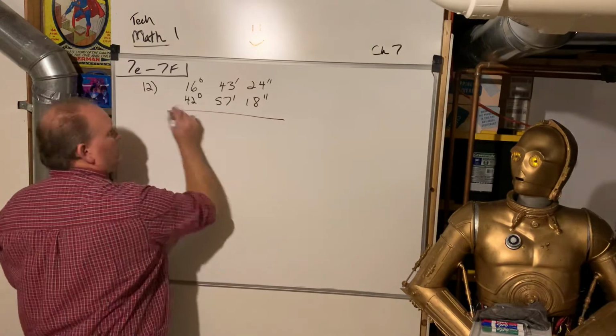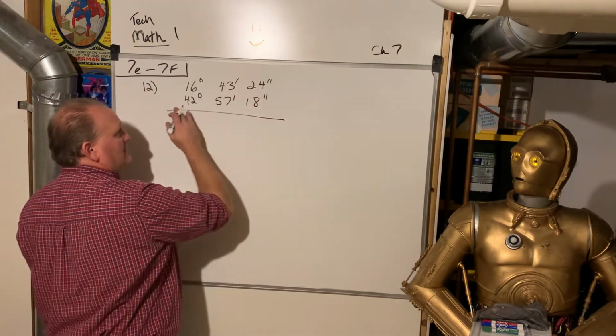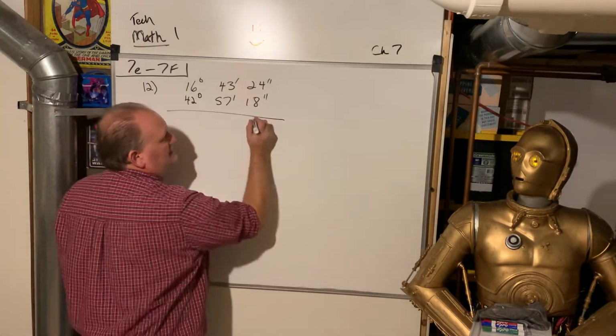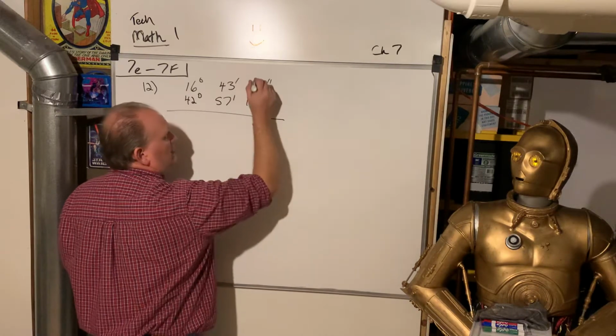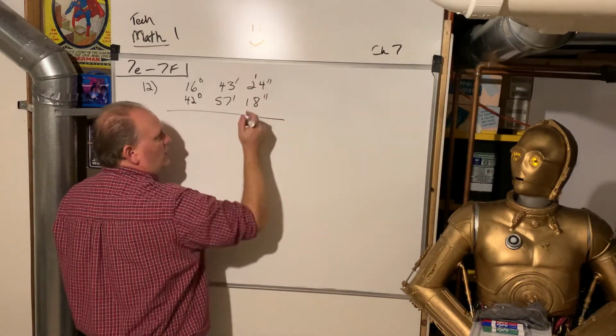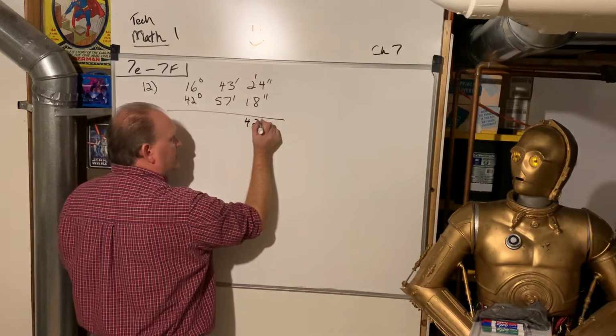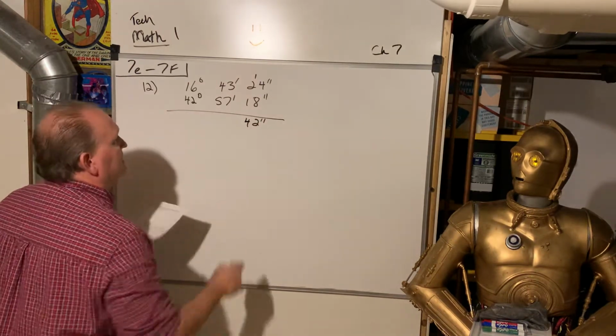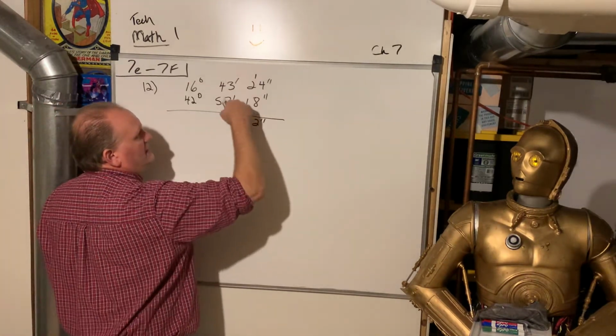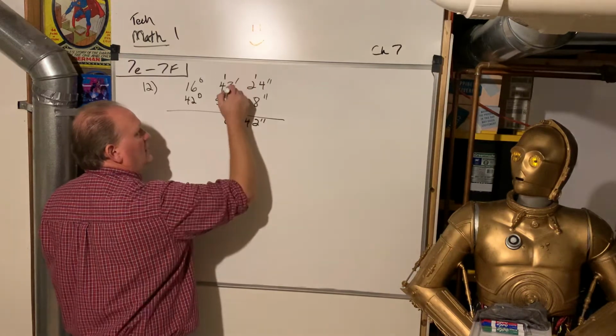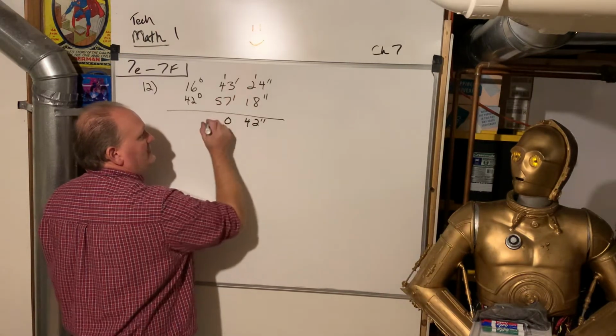So now we have to go from smallest to largest, because now watch. This is 12, carry the 1, 3, 4. So that doesn't carry, we're good. That's 42 seconds. This one is 10, carry the 1, that's 5, and 5 is 100.